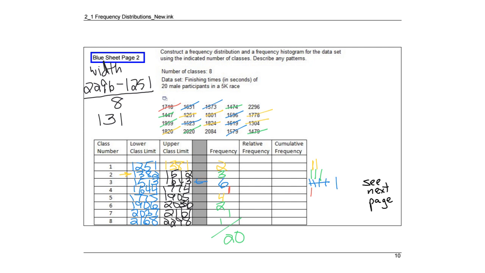So let's do the cumulative first. Remember, that's going to be the row we're on plus any above. For the first row, we're only on that row, so we're going to have 2. On the second row, we have the 3 from there plus the 2 above. That's 5. Then we have 6 plus 3 plus 2, which gives me 11, and so on.